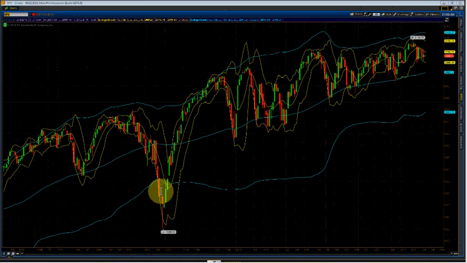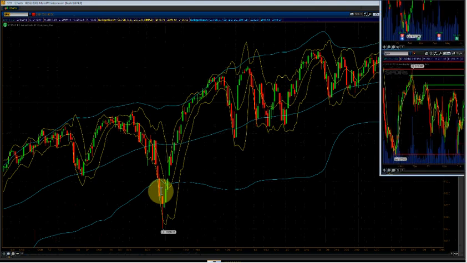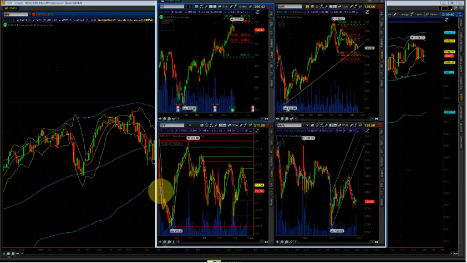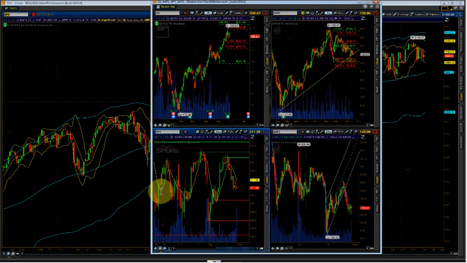So like my SPY 15-minute chart that I'm showing during the day, it's got a yellow line on it. What do you think it is? There's the right side of my screen that I show.